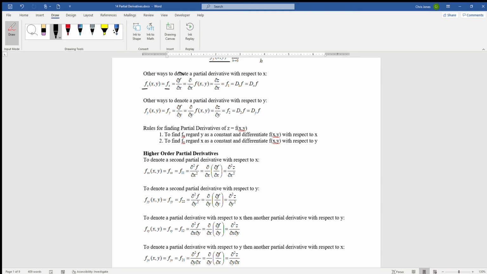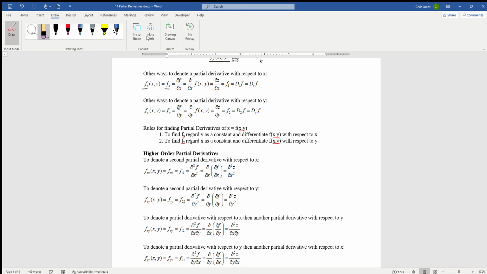Whenever you see this notation, partial of f with respect to x, it means the same thing. In fact, it kind of means the derivative of f with respect to x, except that we use this symbol. It's like a curly, almost like a 2 or something like that, to denote partial derivative.